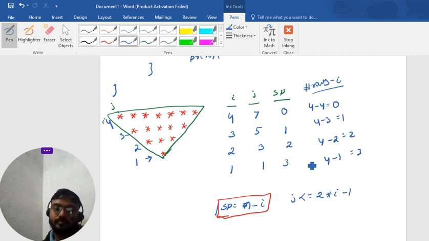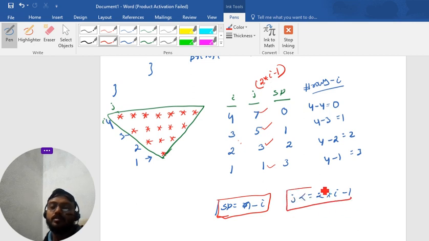Why 2? 2 into 4, 8 minus 1, 7. 2 into 3, 6 minus 1, 5. 2 into 2, 4 minus 1, that is 3. 2 into 1, 2 minus 1, that is 1. So this is my relationship between J with respect to I.